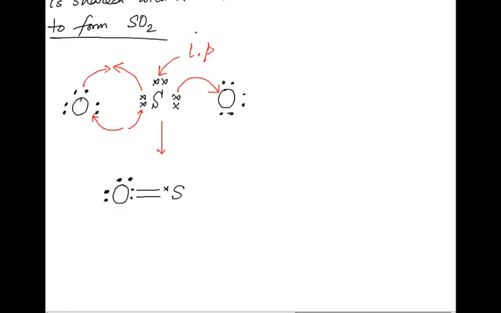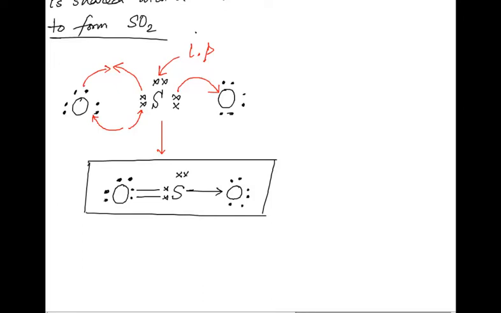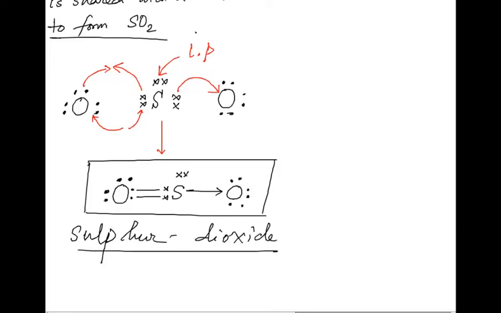These two electrons are forming the double bond, and one lone pair of electrons is donated to the oxygen atom, and thus it gives rise to the molecule of sulfur dioxide. So this is how we can explain the formation of the sulfur dioxide molecule.